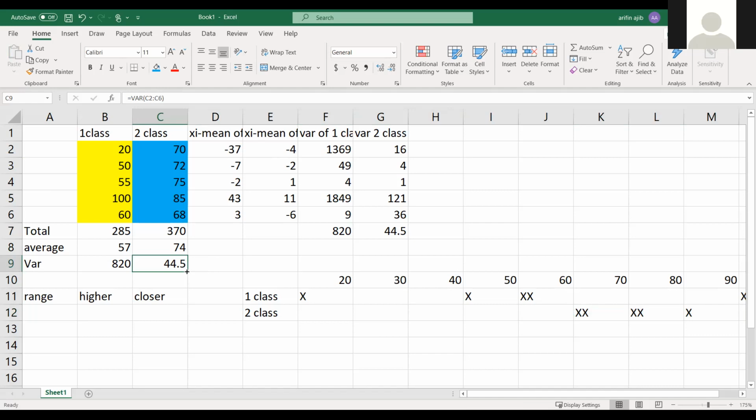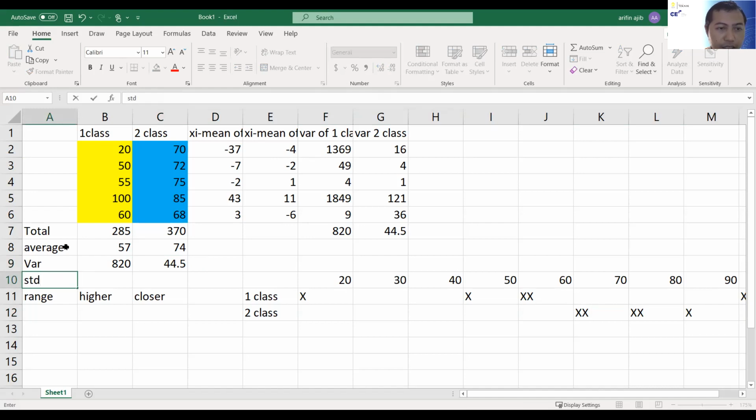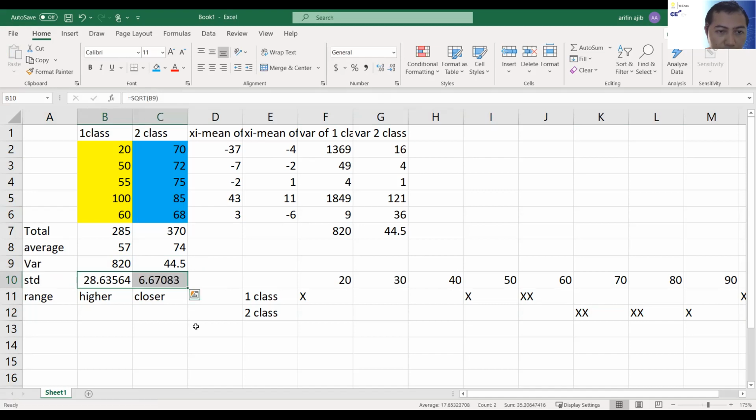Okay. The same phenomenon also appears when we compute the standard deviation, which is just the square root of the variance. We also get a similar trend: the standard deviation for the first class is higher than the second class.